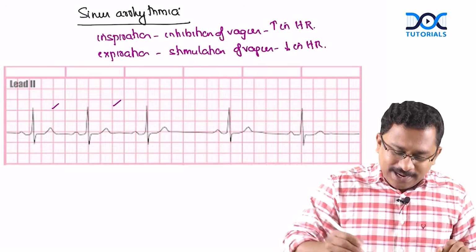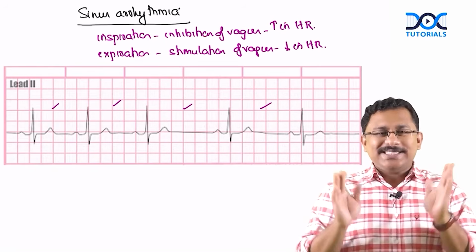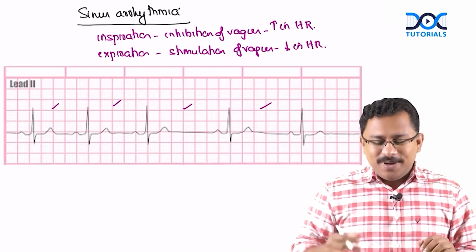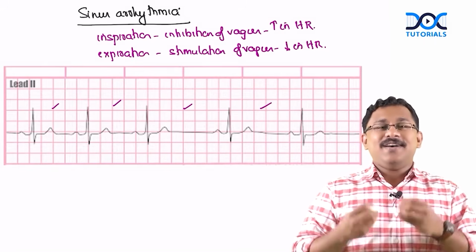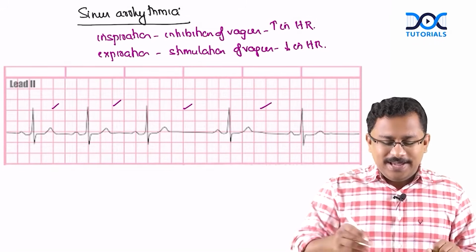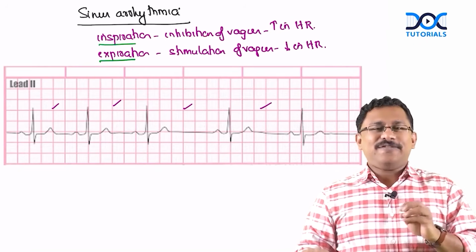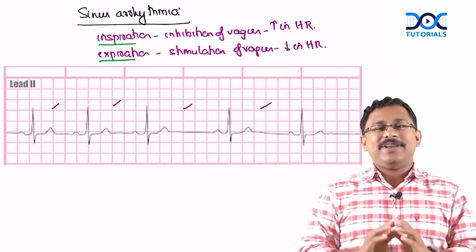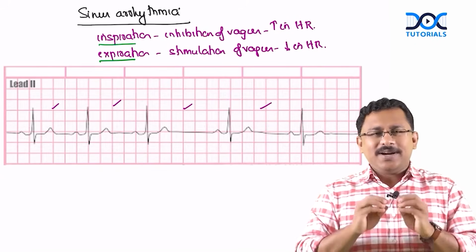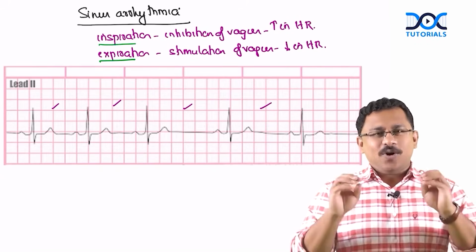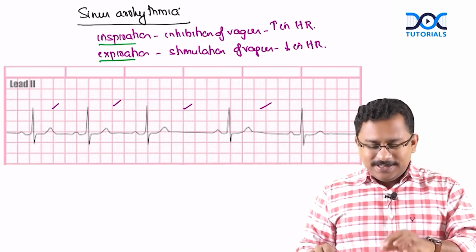If you look at the RR interval, this is actually an individual who is otherwise young and healthy, but you can see that during respiratory phases there can be a variation in the heart rate between inspiration and expiration. So such an arrhythmia is called a sinus arrhythmia. Remember, this is not any disease process. This can occur in young healthy individuals. Okay, so that is clear.